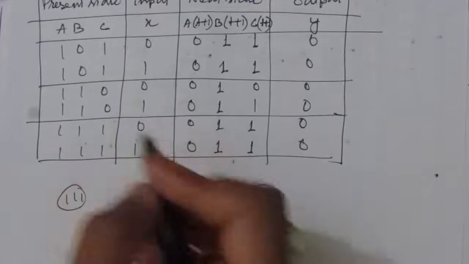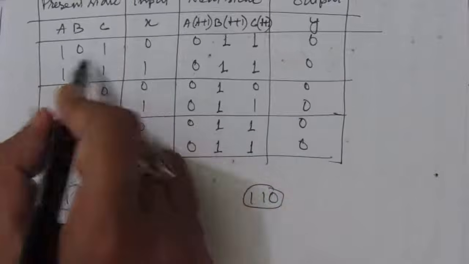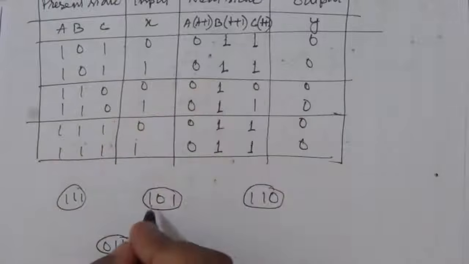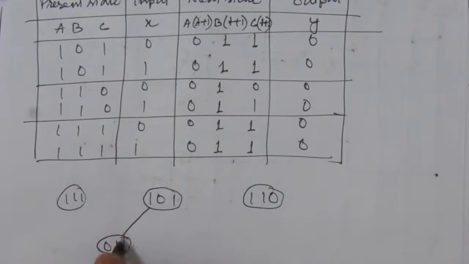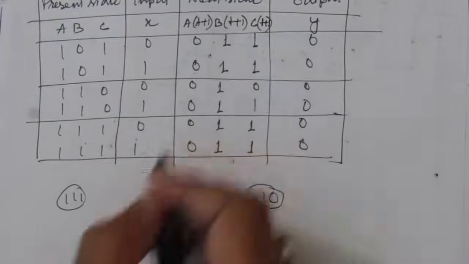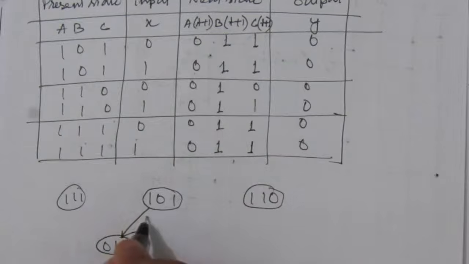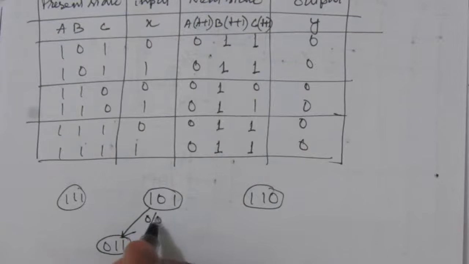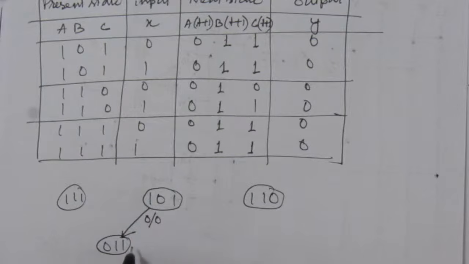There will be a transition from 1 0 1 to 0 1 1. For input 1 we also have the same transition. So for input 0 and output 0, the transition is from 1 0 1 to 0 1 1, and for input 1 also the output is 0 and the transition is the same.